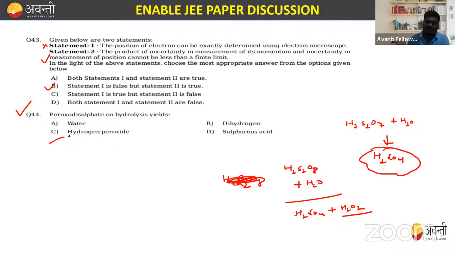Option number C. So peroxydisulfate on hydrolysis gives H2SO4 plus H2O2, that is hydrogen peroxide. So I hope question number 44 is also clear, and it's a simple question. We can say it's an average question, and it is basically from the hydrogen chapter.